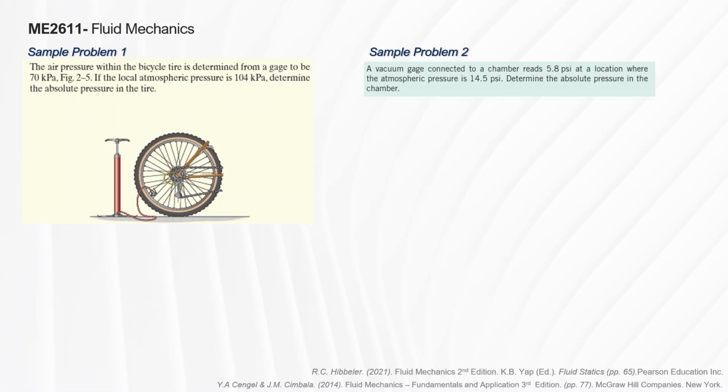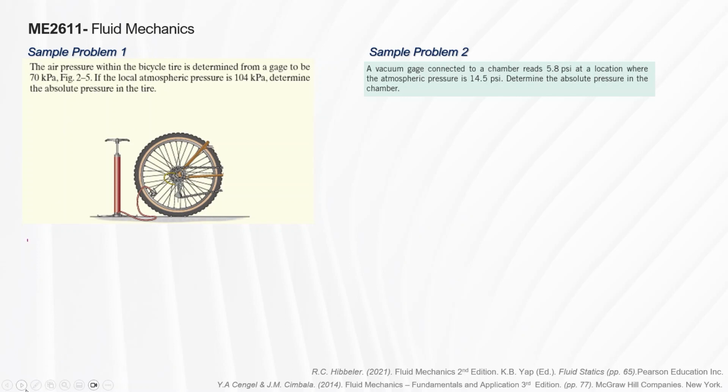Well, that's easy because we know the formula. Relative to its surroundings, there is essentially 104 kPa atmospheric pressure around it, and inside, the pressure exerted is the gauge pressure of 70 kPa.